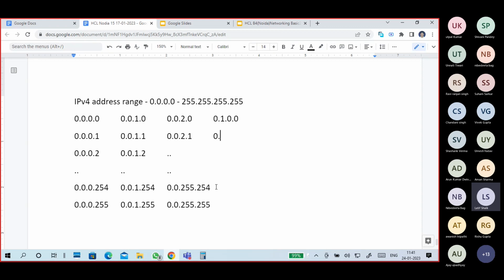Okay, again it will repeat, 0.1.0.1. It keeps going like that until 0.255.255.255. Once it is completed, then it starts with 1.0.0.0, then 1.0.0.1.